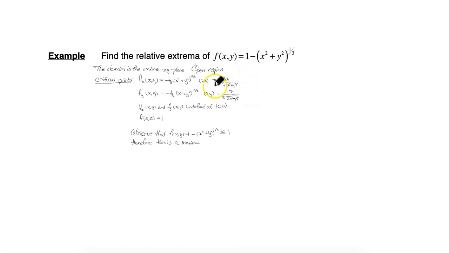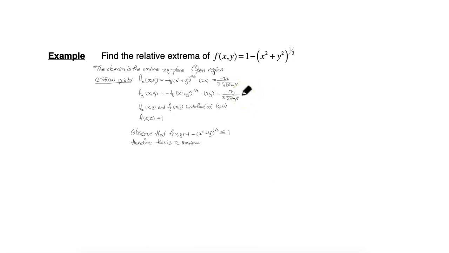If I look at this expression, it may feel like, oh, if x equals 0, then that's going to be 0. Great. And if I look at this expression here, if I have y equals 0, then f of y, the first partial derivative in terms of y, is going to be 0. So it looks like we have found a point, the point 0, 0, that is a critical point.